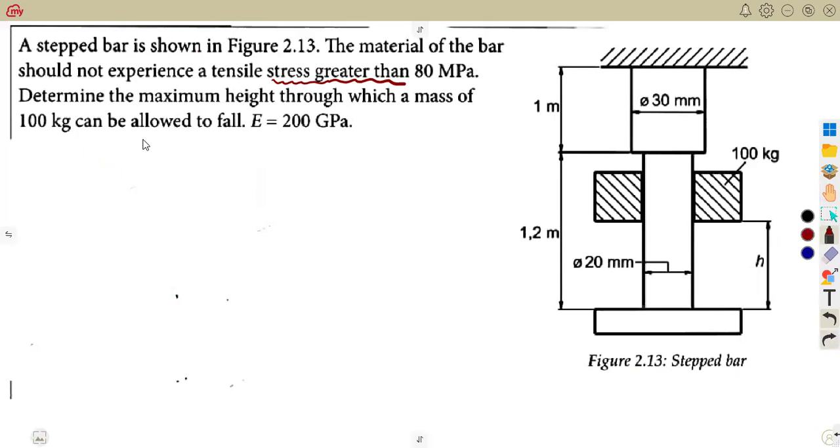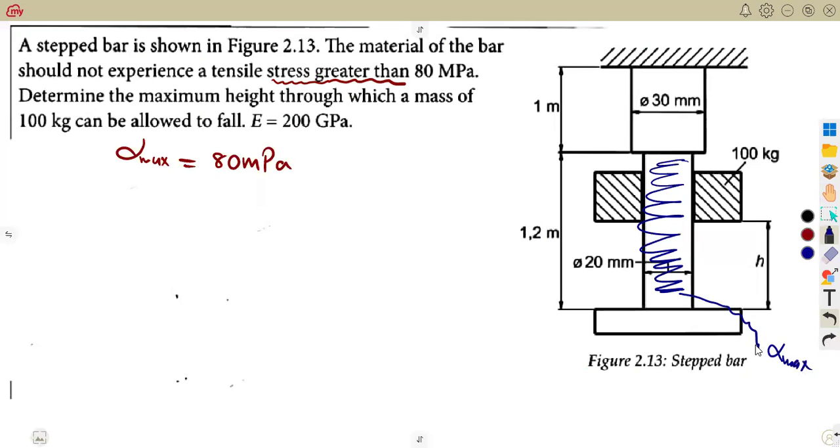And I talked about this issue of the maximum stress, 80 megapascal. From the section with the smaller area, the smaller cross-section, that is where the maximum stress is found. This section with a smaller area is the one that experiences the maximum.